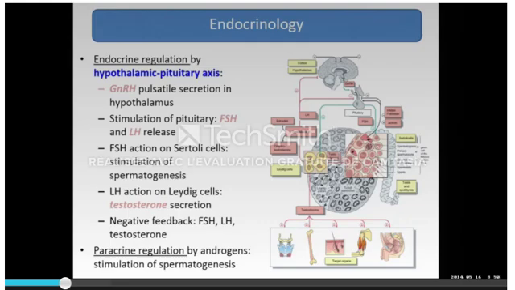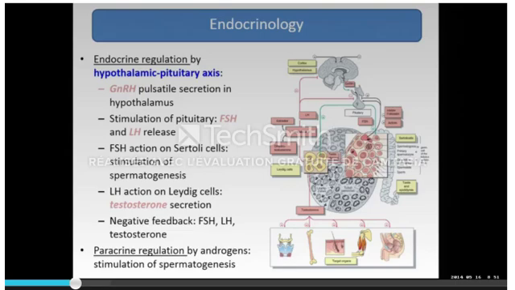In men, FSH is acting on Sertoli cells. And if you want to remember easily which hormone acts on which cells, remember that FSH is acting on Sertoli cells with an S, and LH is acting on Leydig cells with an L. And in response, Leydig cells will secrete testosterone, and all these hormones, FSH, LH, and testosterone, will in return act as a negative feedback on the pituitary and on the hypothalamus.